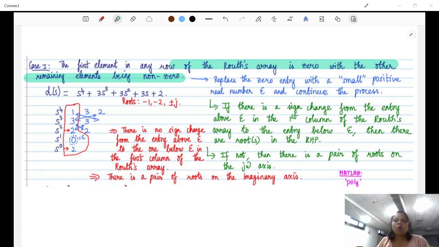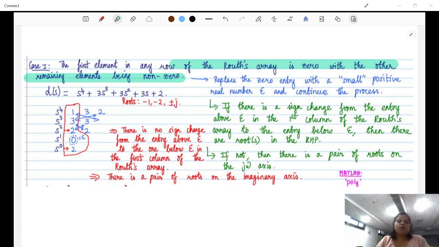But the appearance of 0 in the characteristic equation is itself something to be considered, because in general you do not get 0. So in case you are getting 0, that means that there is a complex root definitely. If just a column is 0, that means that there is a pair of roots on the imaginary axis.